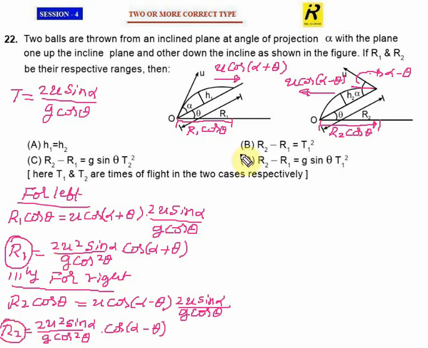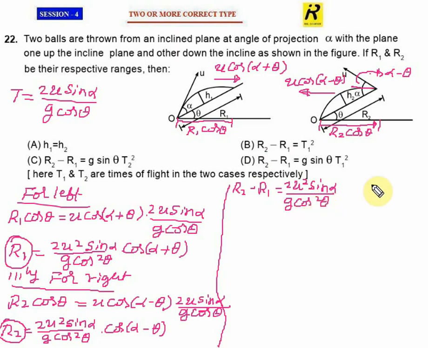So in the remaining options, I need to calculate R2 minus R1. In either of the remaining options, I need to calculate R2 minus R1. That I am going to do here. R2 minus R1 equals, the terms which are common I am going to keep outside the bracket, sine alpha divided by g cos square theta.